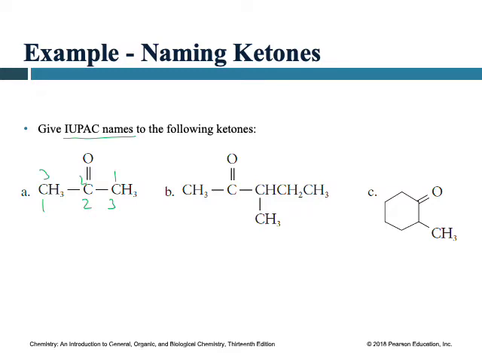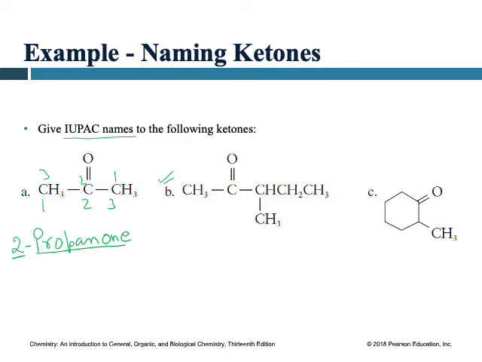So the name will be, how many carbons do you have? 3. So 3 is propane, and then ONE, propanone, right? Or you can write 2-propanone, just to give the number of the location where you have a carbonyl group. So 2-propanone.